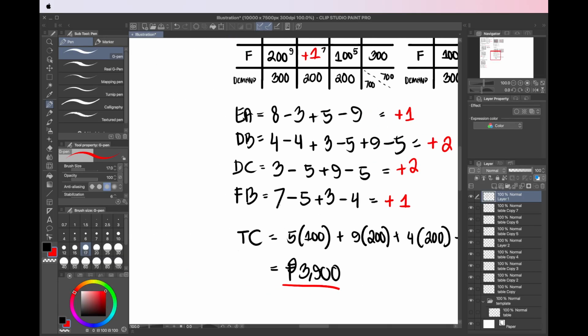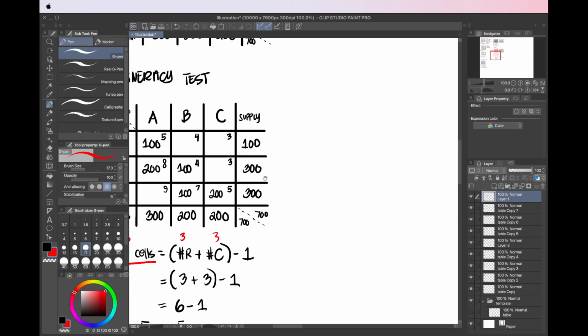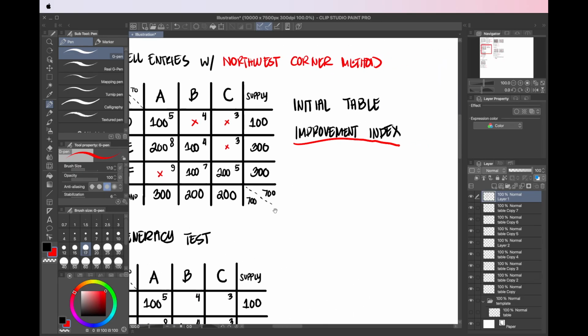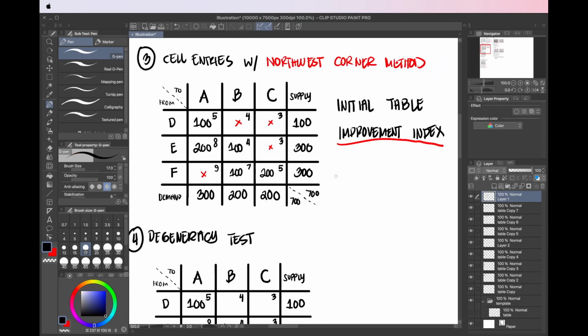And actually, we can see here that from the very first, when we calculate the transportation cost in our initial table, that would be TC.